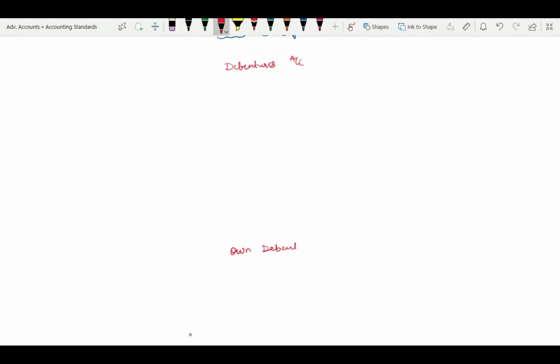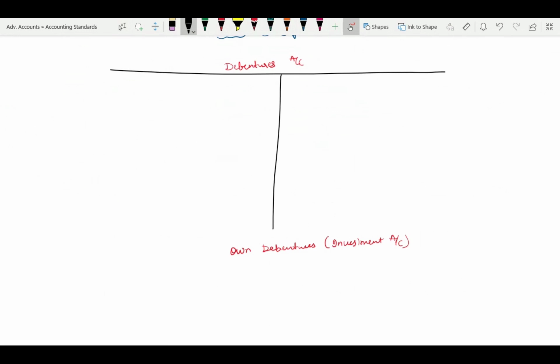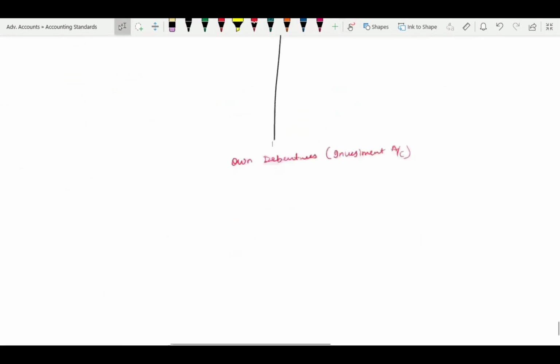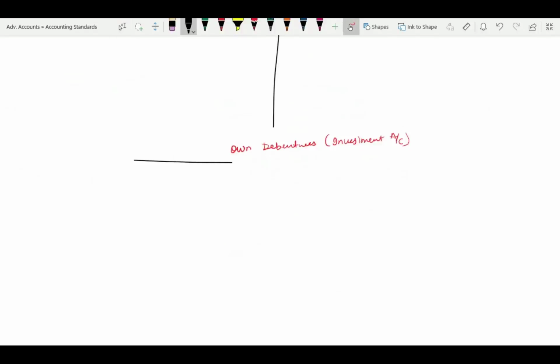So that's all. The first account is for some 8 lines, and this account is for some 6 lines. But investment in own debentures account is an investment account.